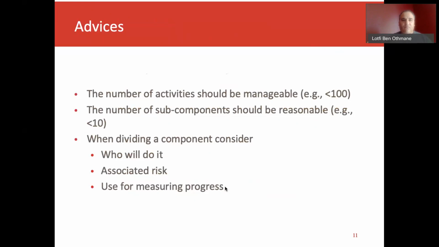We also need to associate the activity with risks. We should consider the risks in doing the activity, and how we can measure the progress in developing the project. So we have a set of activities, but we want to measure that we are making progress there.